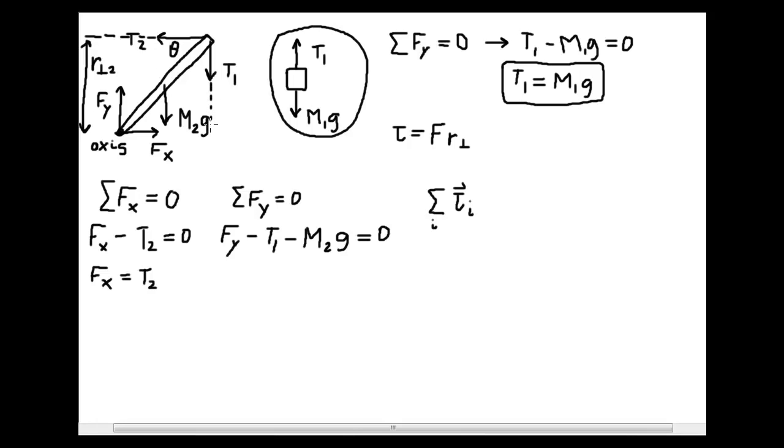We can draw a dotted line down to here and see the perpendicular distance between the line from T1 and the rotation axis is this arrow here, and I'll call it R perpendicular 1 because it's for the force T1.